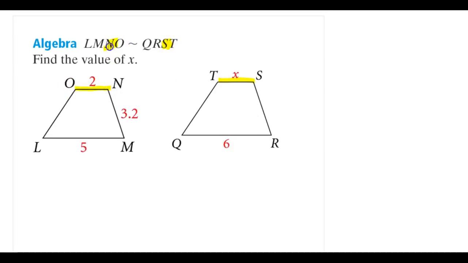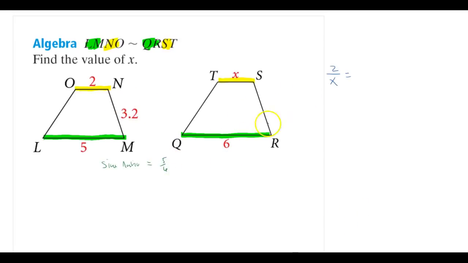In the similarity statement, it tells me it goes with NO. So I could say the ratio of 2 to x is equal to, if I look at the other sides I'm given, I know LM. What goes with LM? QR. Do I know the length of those sides? Yes. So I know the similarity ratio here. Because I know both of these sides, the similarity ratio here is going to be 5 to 6.